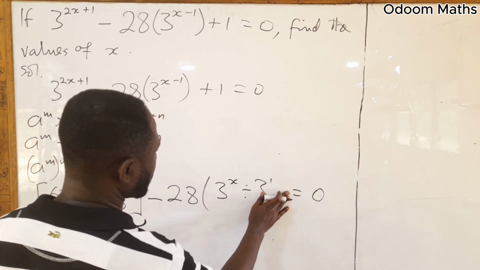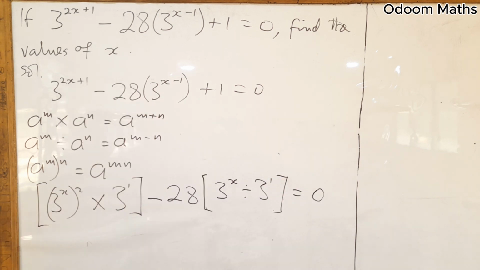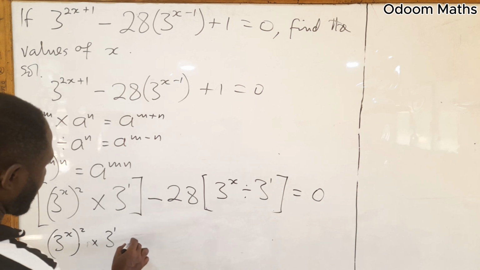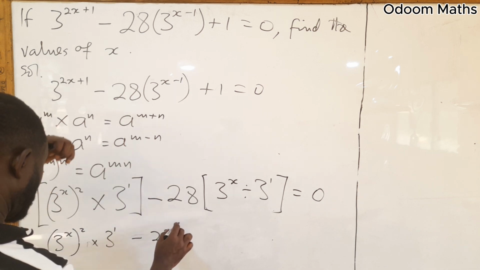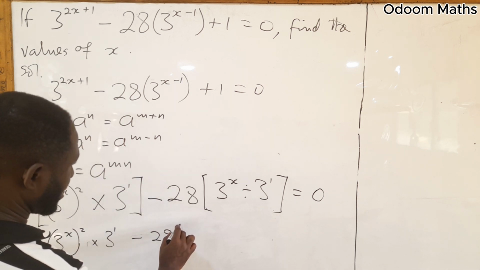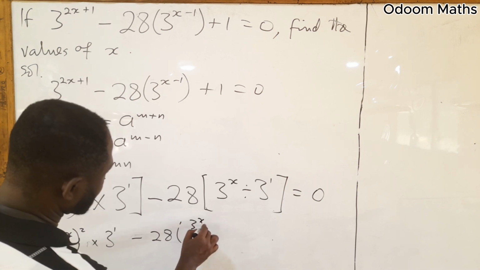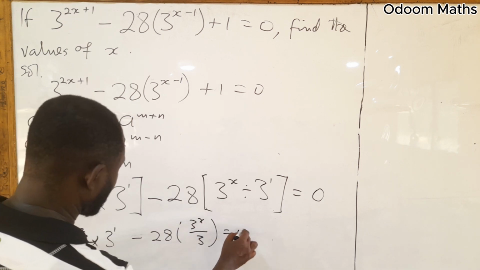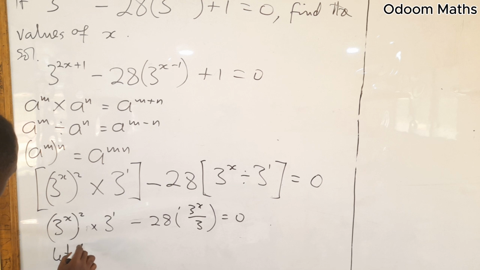Let me use the square brackets. So I can say that this is 3 to the power x all to the power 2 times 3 to the power 1, then minus 28, still maintaining the brackets, 3 to the power x divided by 3, equals 0. So let 3 to the power x be equal to a.